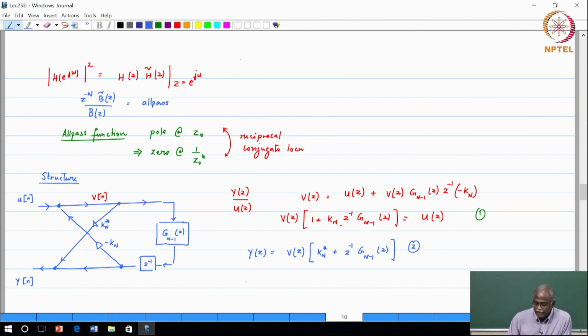Between equation 1 and 2 we have essentially the representation that we are looking for. So y of z by U of z can be written as k n star plus z inverse g n minus 1 of z divided by 1 plus k n z inverse g n minus 1 of z.